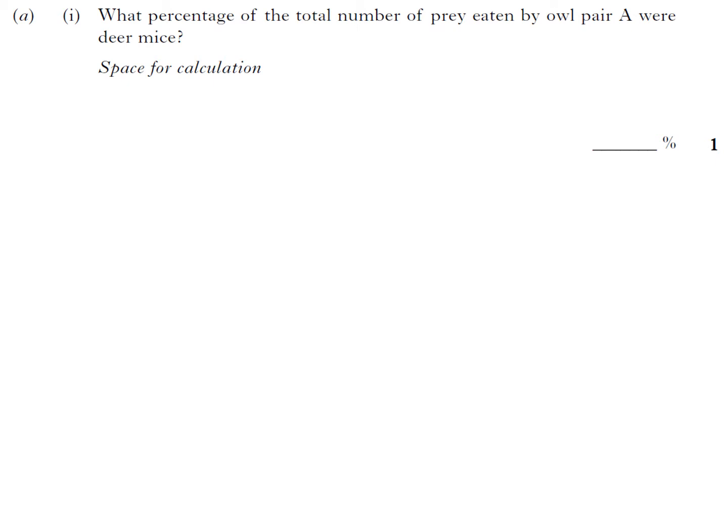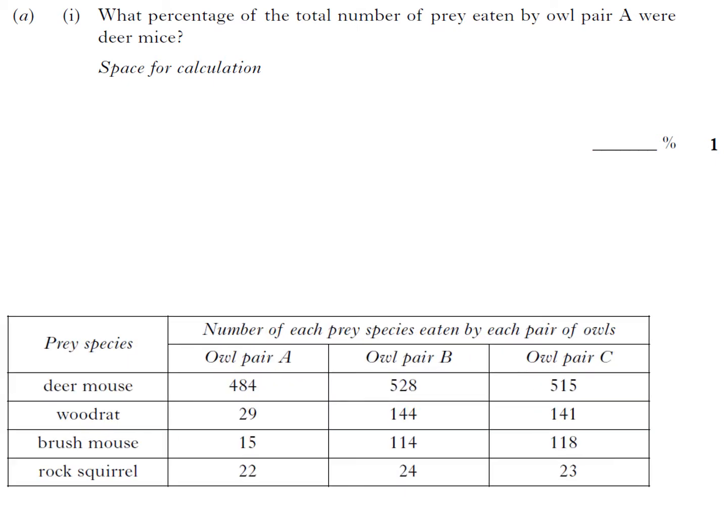Right, what percentage of the total number of prey eaten by owl pair A were deer mice? So here is our data. Just owl pair A and how many of these basically percentage-wise. So percentage is your number, what you got, divided by what you could have got, so the total number there.